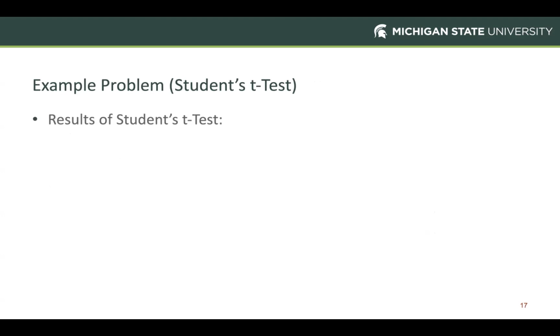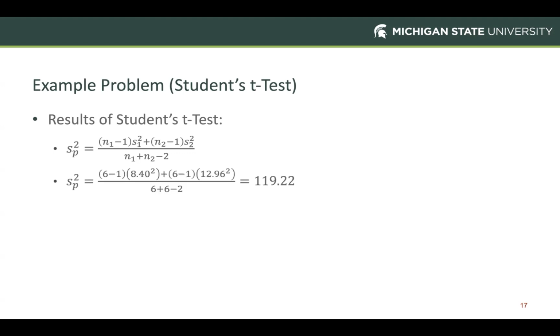And so from that, we can plug those values from the two preceding slides directly into Student's t. And so our pooled variance, keep in mind our samples in each of these cases were 6. So we have n-1 or 5 times our sample variances.